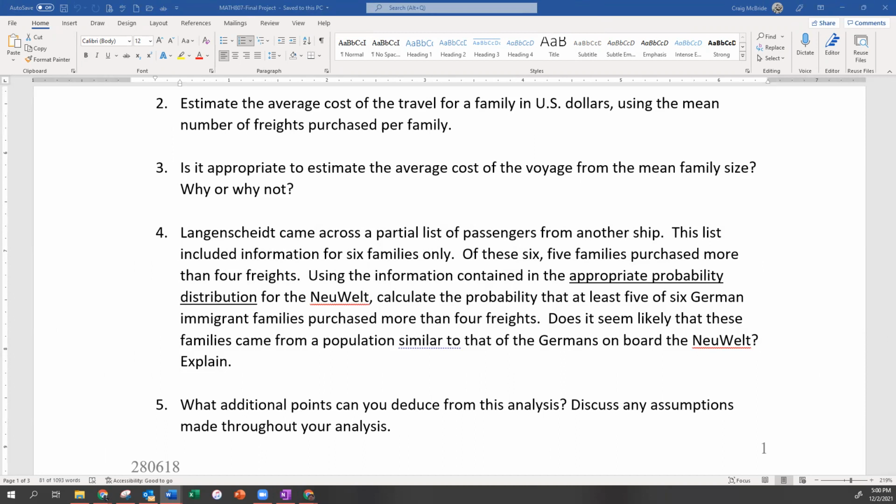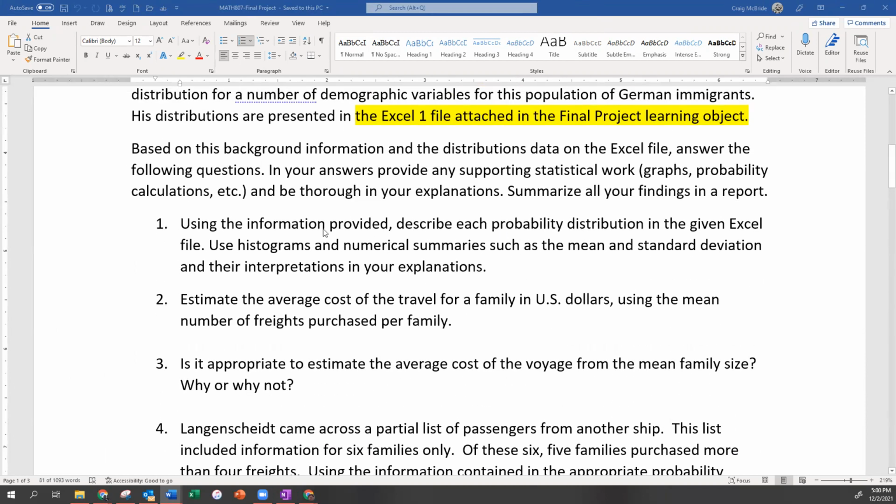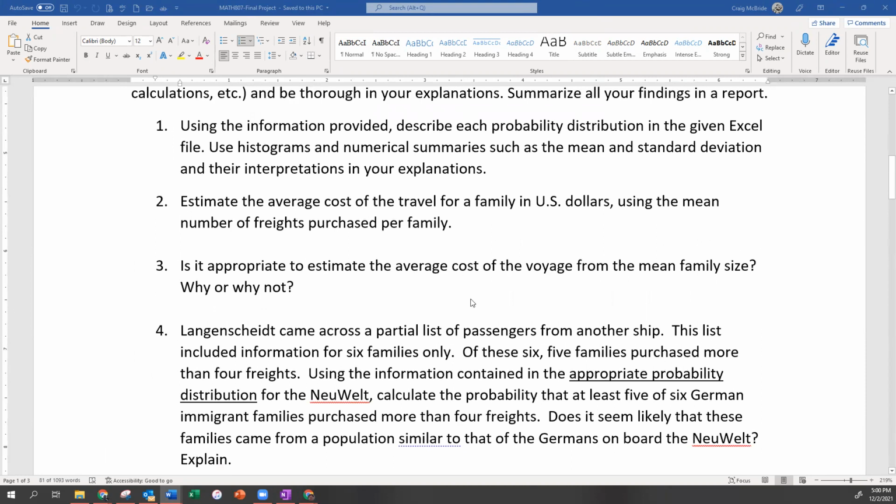And that's really easy because all you got to do is add the probabilities for 5 freights and 6 freights from the data, right? There's a data table and it lists the probability that a family purchased 5 freights and the probability that a family bought 6 freights. You add those 2 numbers together. That now gives you the probability that any random family from this data set would buy more than 4 freights.